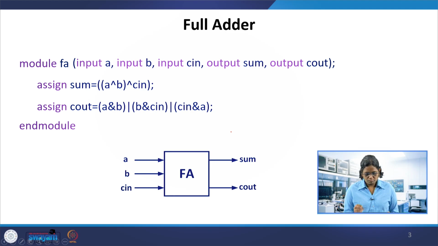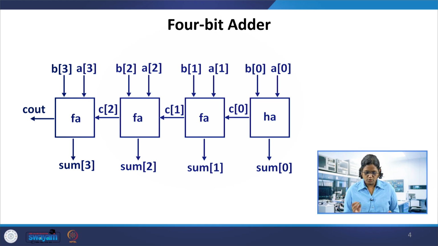So these two models, half adder and full adder modules, will be used in the 4-bit full adder or 4-bit adder module. The block diagram can be visualized like this. There is a half adder, that's the first bit.